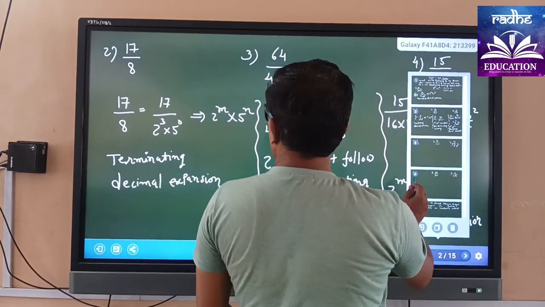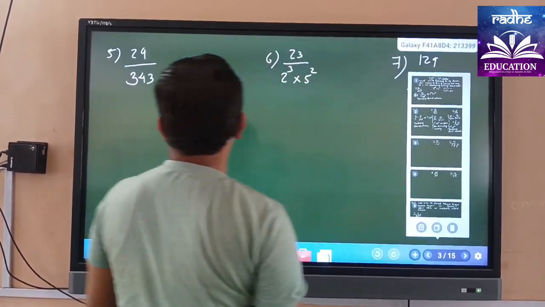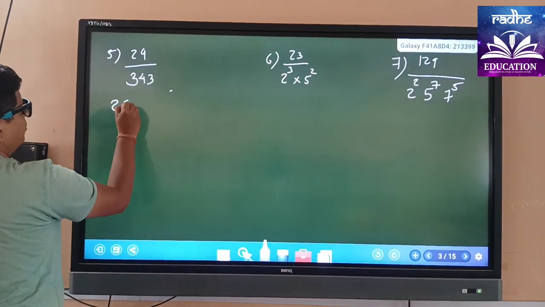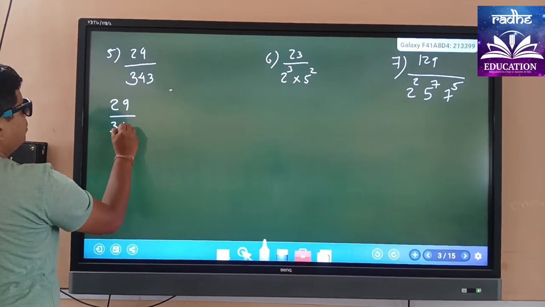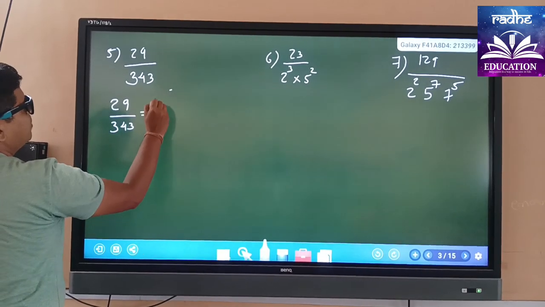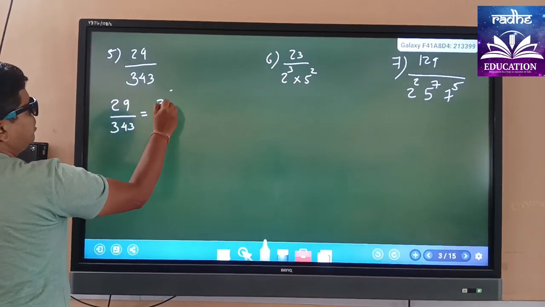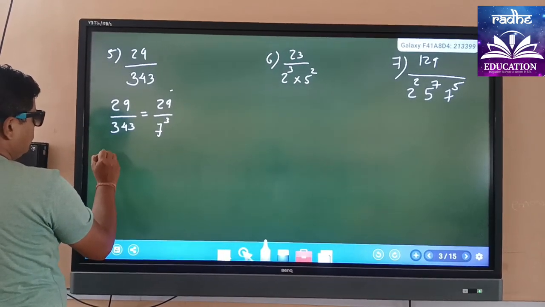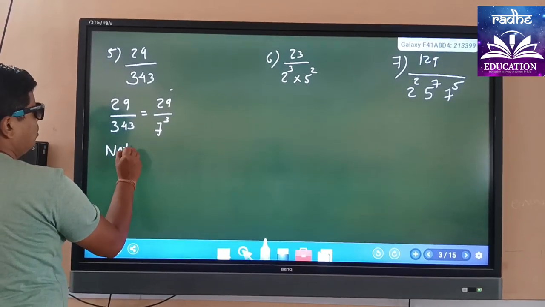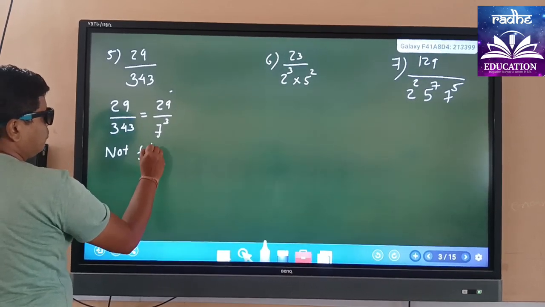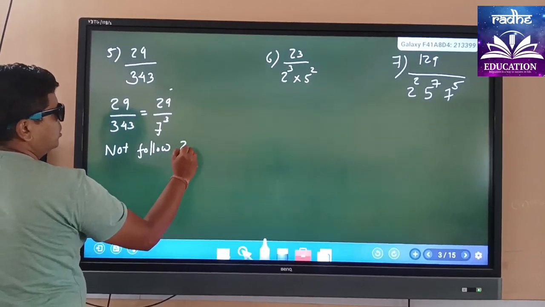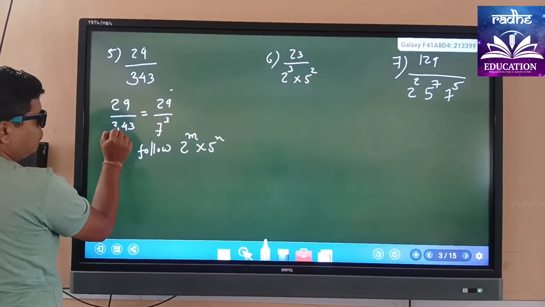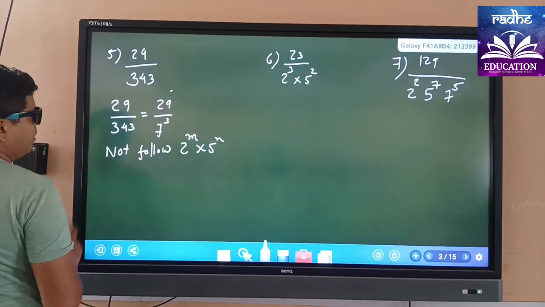We are switching to the other question. The next number is 29 divided by 343. Again, we will check the denominator. 343 we can represent as 7 cube. Again, it does not follow 2 raised to m into 5 raised to n. 343 has neither factor 2 nor 5.